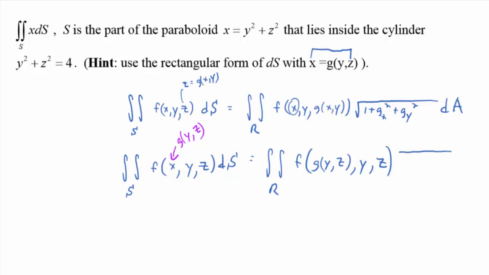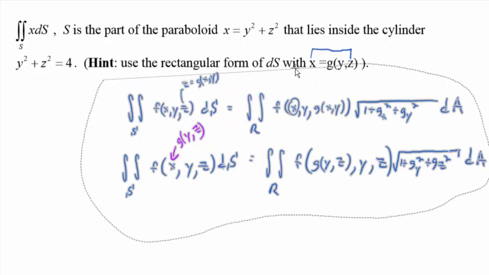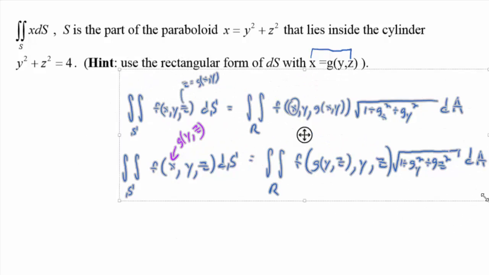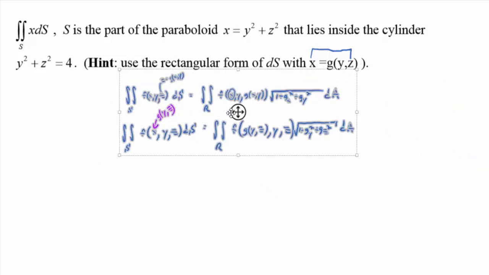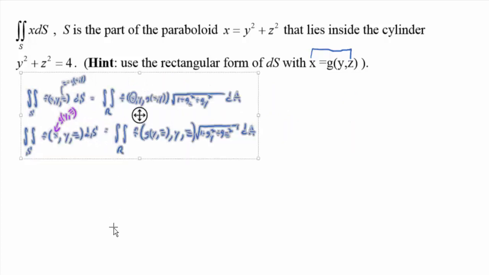So what does that make the area element? Yeah, so we'll say the square root of 1 plus g sub y squared plus g sub z squared. Does that seem reasonable to you? So that's the idea. We're just interchanging the roles so that we don't have to resort to the parametric formula, which is a little more difficult to use, I think.